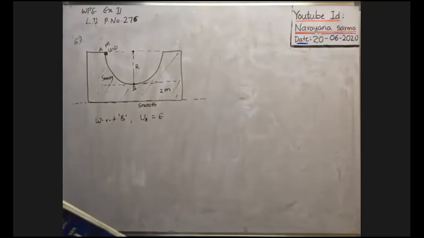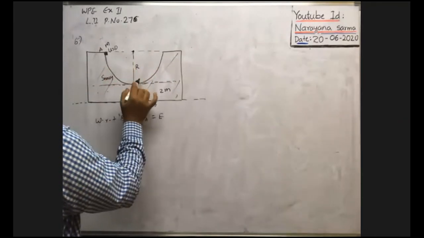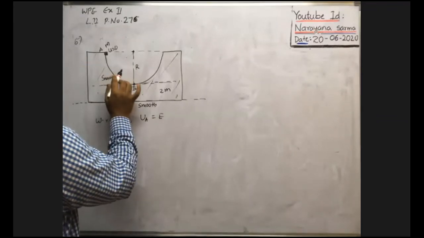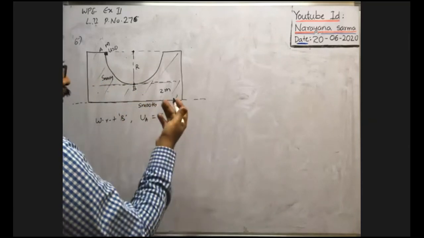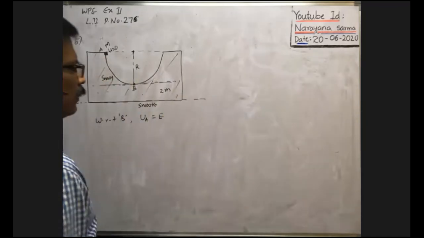Now, along the horizontal direction, only the internal force component acts on the block. Because of internal forces, the total momentum of the system does not change. When an external force acts on the system, only then does the momentum of the body undergo changes.